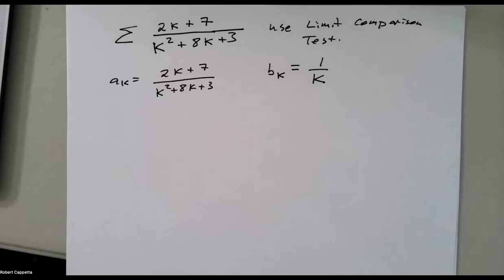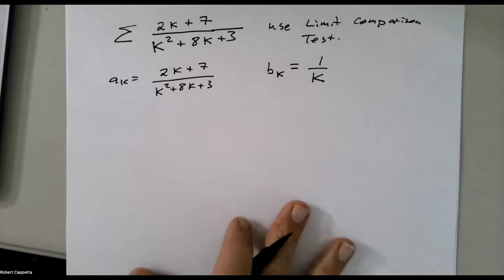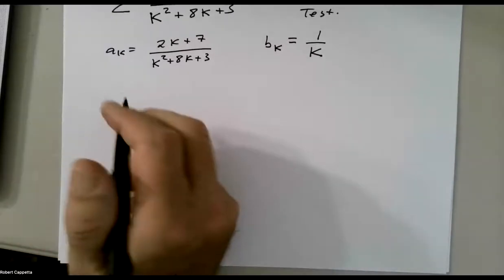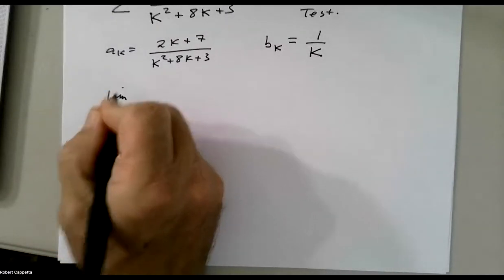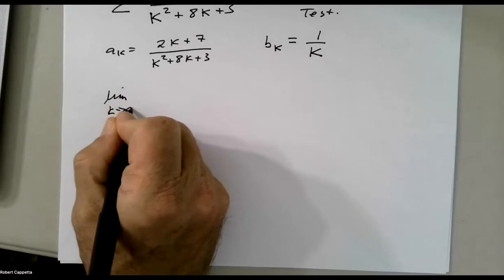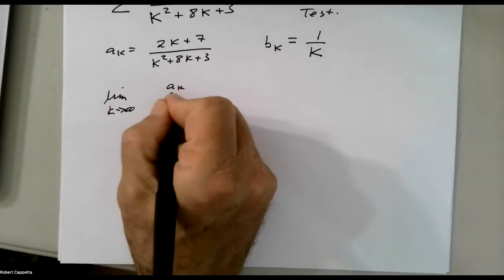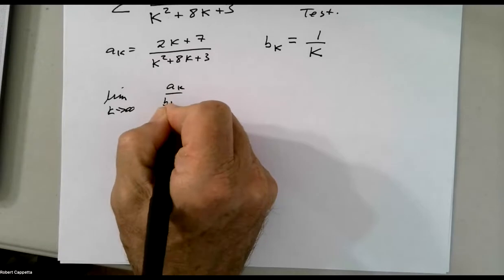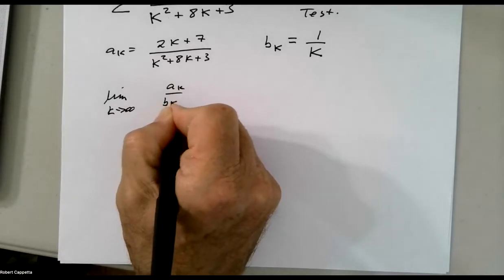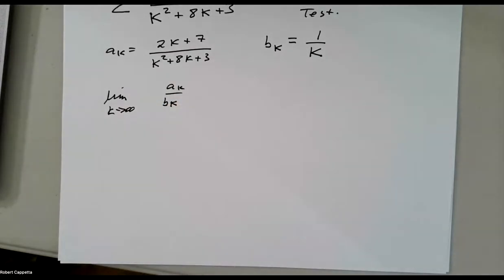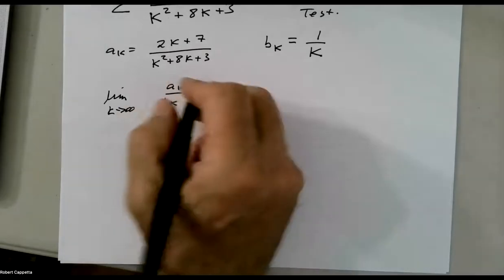All right. So what are we going to do? How does this process work? Let me look at the limit as k goes to infinity of a sub k over b sub k. We have the positive requirement. These things are positive always. So that's not a concern. And then my goal is to get a positive finite number. I want the limit to be more than 0, but I want it to be less than infinity.